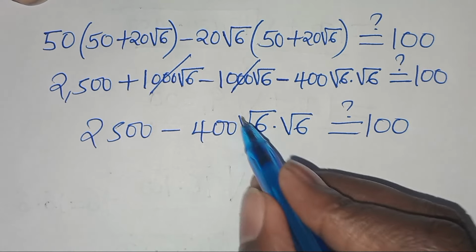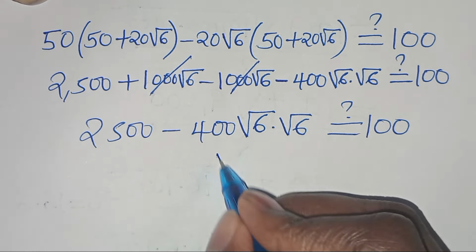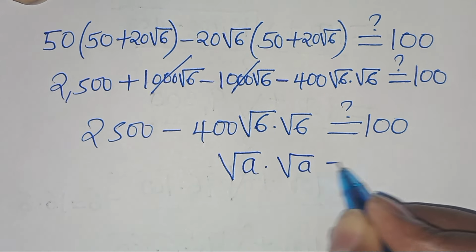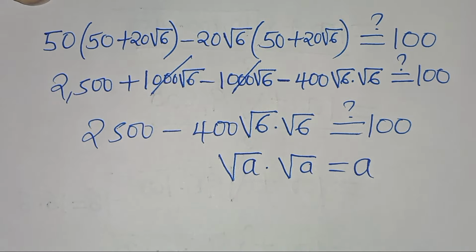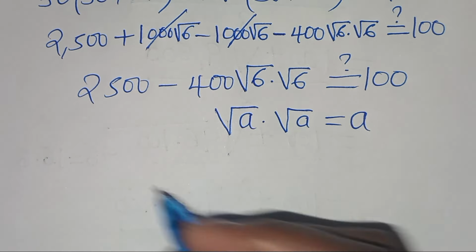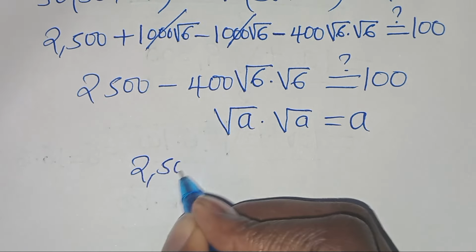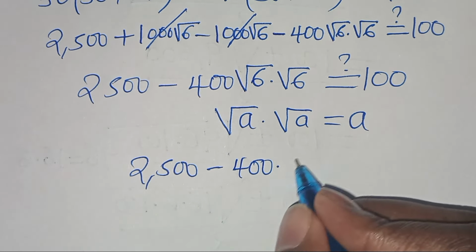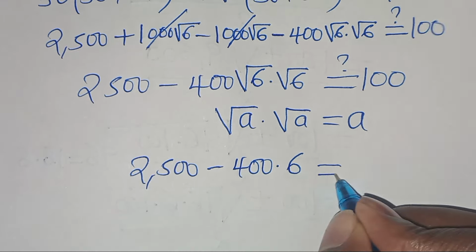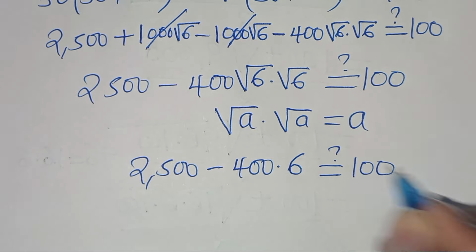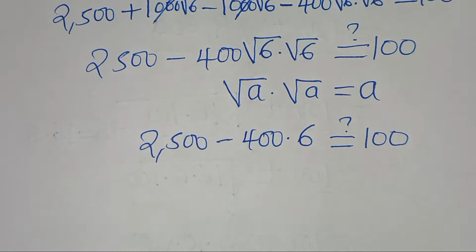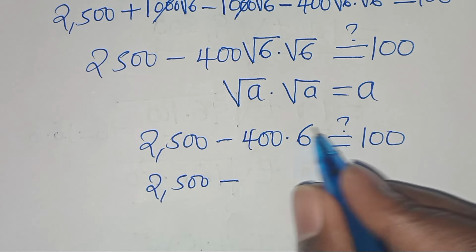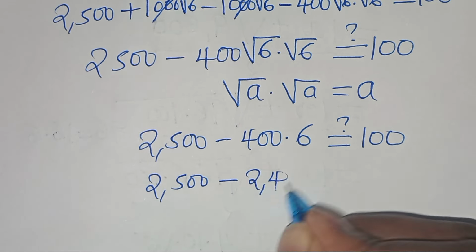The next step is that square root of 6 times square root of 6. This is in the form of square root of a times square root of a, and this is equal to a. Applying this property, we have 2500 minus 400 times 6. This is supposed to give us a value of 100. So 2500 minus 400 times 6, this is 2400.